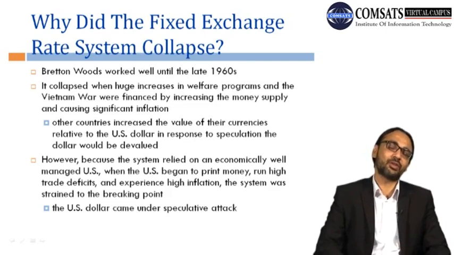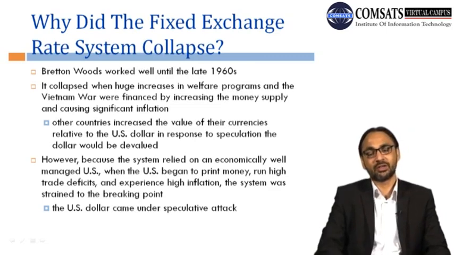When the US released their trade position, their exports were lower than imports, and because of this, the investors in France and particularly in Germany started to realize that the fixed exchange rate between the US dollar and their own currencies was not at an appropriate level, and they had to reconsider.